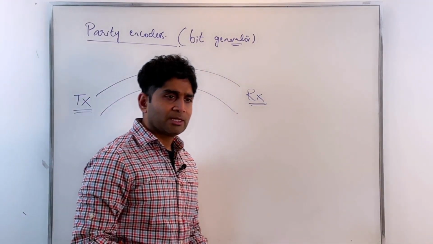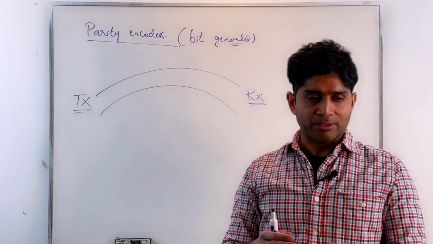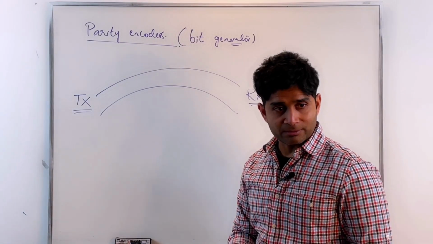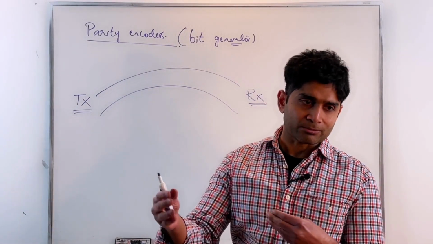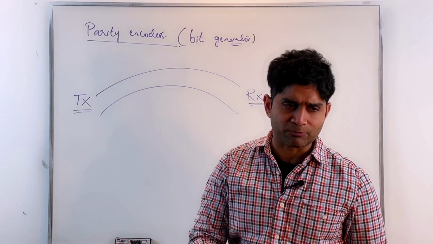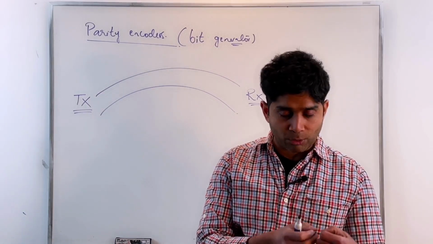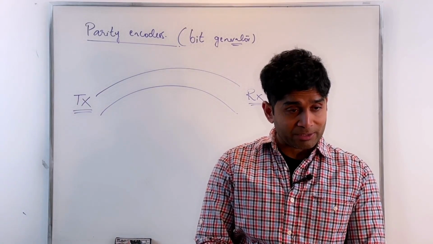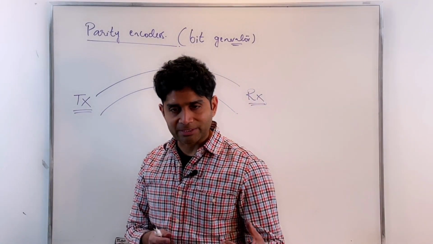You're transmitting information in the form of binary bits through the channel. The channel could be optical cables that go from the transmitter to the receiver, or it could be electrical cables.